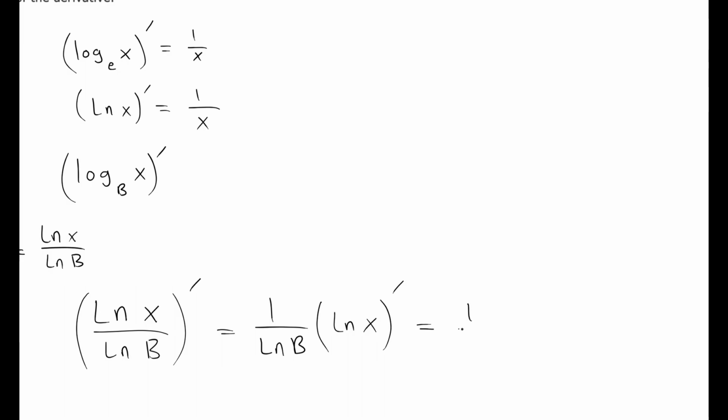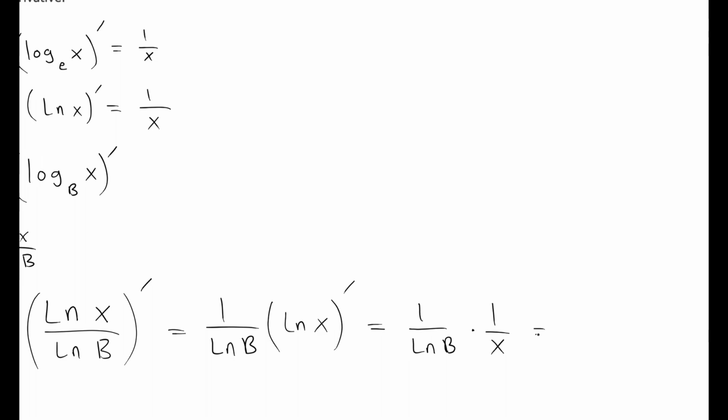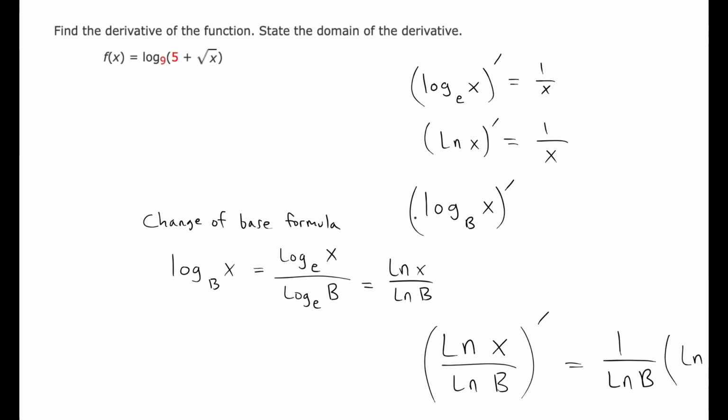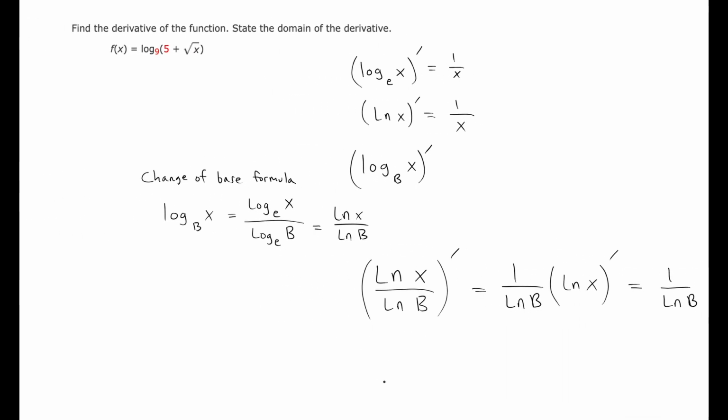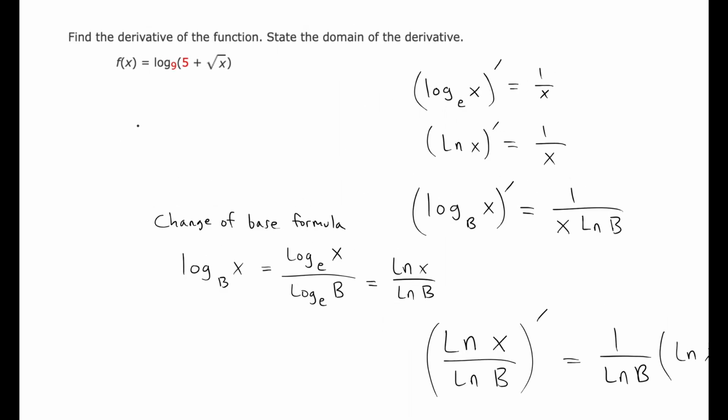So we would get 1 over ln b times 1 over x, which simplifies to 1 over x ln b. So that's what I would use here: the log base b of x has a derivative of 1 over x ln b. So try to use that.